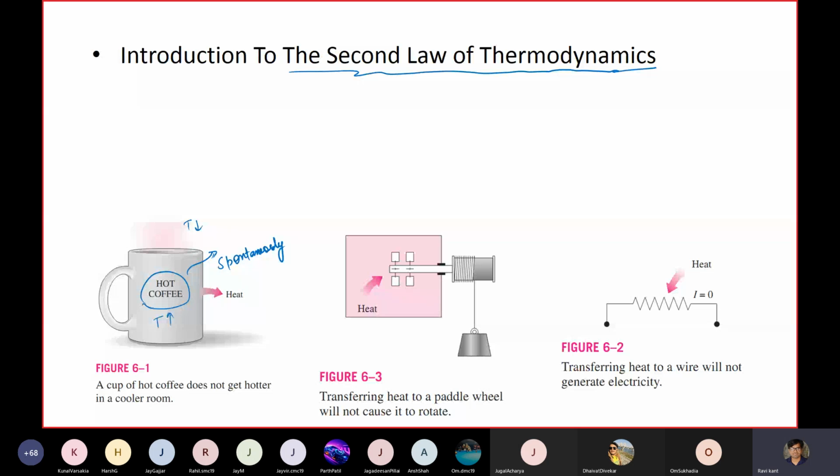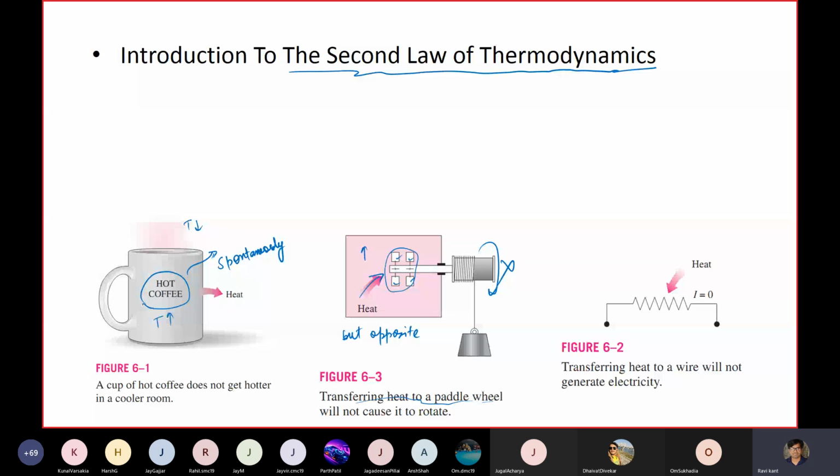Again, when we talk in terms of transferring work to a paddle wheel, when you rotate this paddle wheel in a container, the fluid will heat up. But the opposite doesn't occur. When we try to heat the fluid, the paddle wheel doesn't rotate automatically.